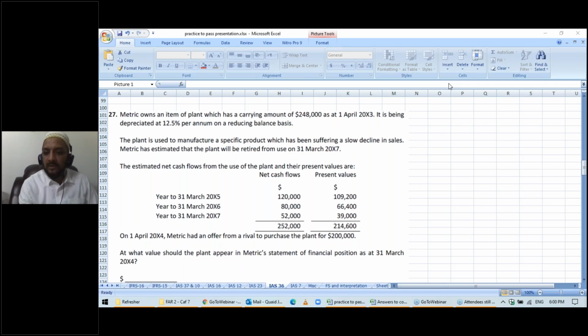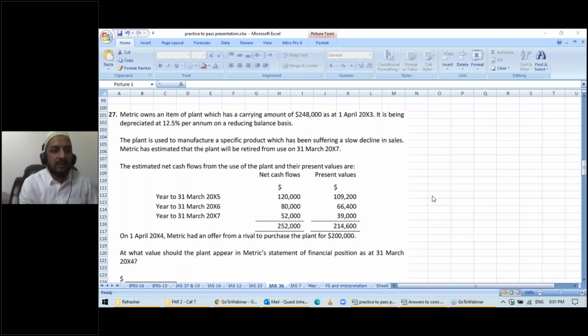So let's start with today's work so that we can finish in time. So students, in the last session, we were doing impairment of assets, and we will continue with it in the beginning of today's session.